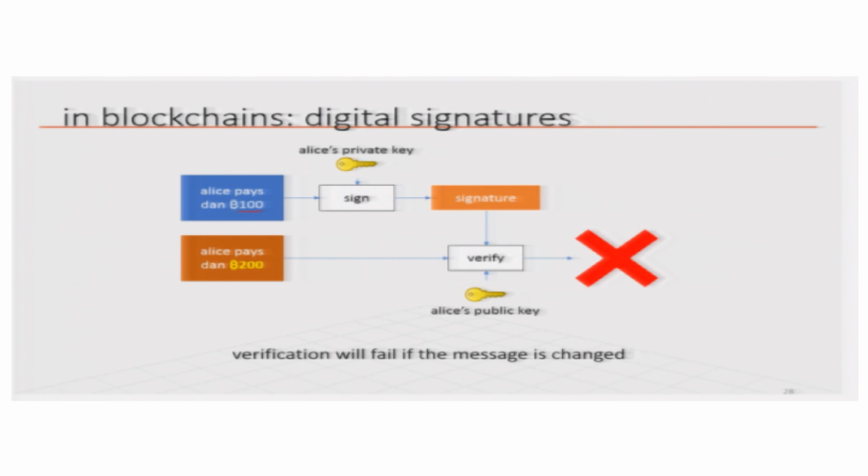And also, if Alice said that I want to pay 100, but somebody in the middle intercepts, see, this message is broadcast to the entire blockchain, that is how the blockchain works, everything is sent to everybody. So, if Alice pays Dan, let us say somebody changes it to say that Alice pays Dan 200 coins. Now, Alice said 100 coins and she signed the transaction. Remember how they sign the transaction?